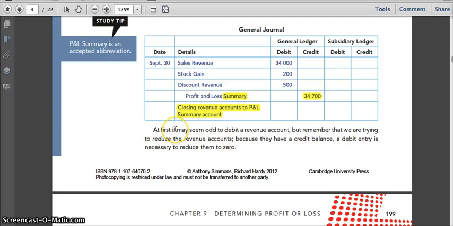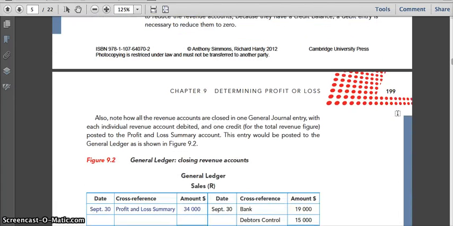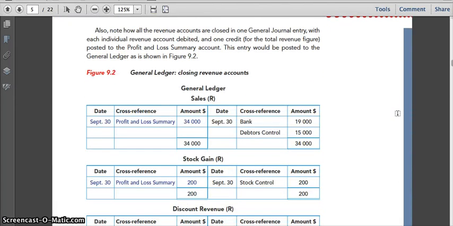It might seem a little strange to debit a revenue account, but what we're trying to do is bring the revenue account back to zero so that we can restart it the next month or the next reporting period. This is what it looks like in the general ledger.